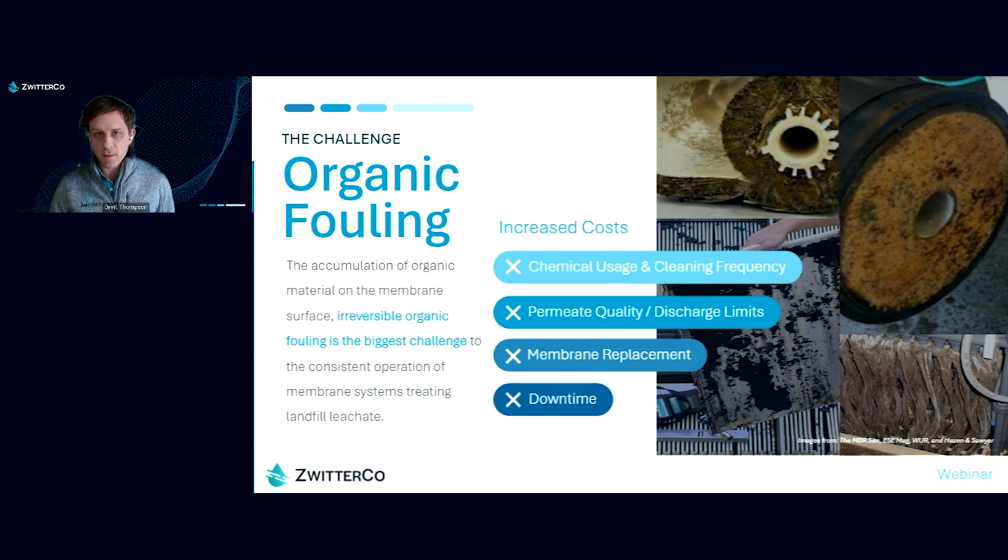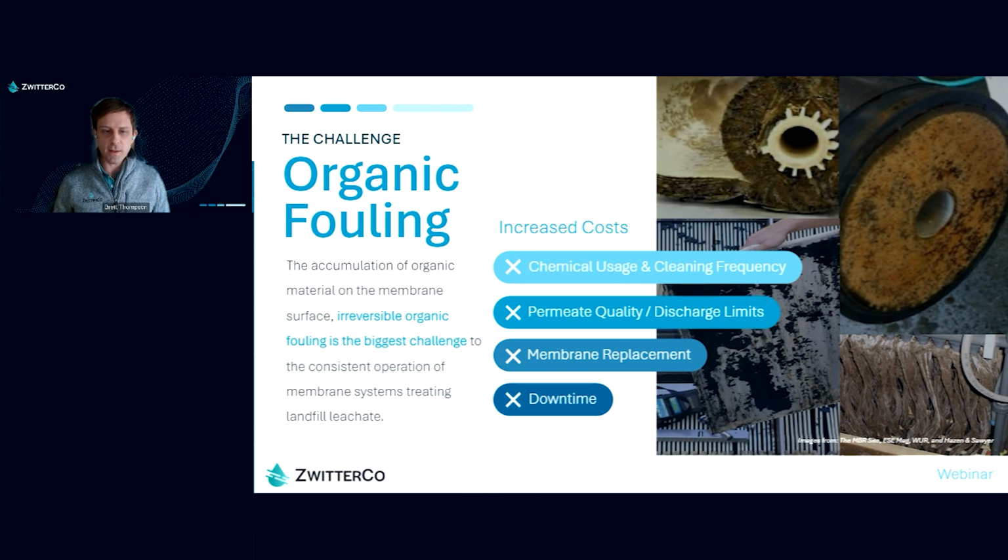And then downtime, there's a cost because often you'll have an operator that might not be there full-time just to clean membranes. They might be doing other landfill operations. So it's their time. And also, if your system's down for cleaning, that means you're no longer lowering the level of water in your storage tanks or your ponds.